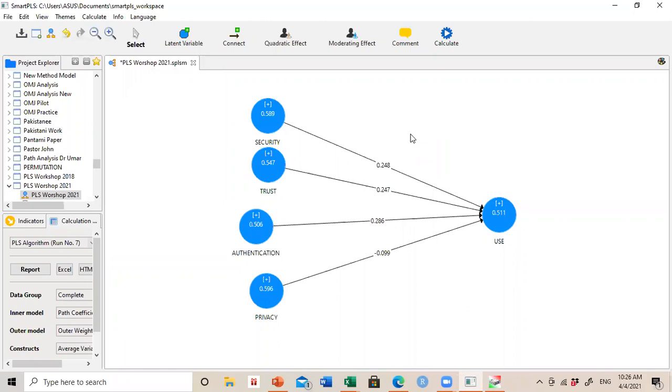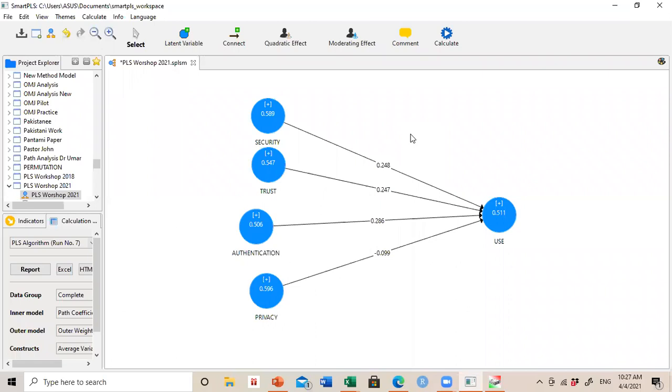All right, so this is it. These are what we call path coefficients or beta values. These beta values tell us whether the relationship is negative or positive, and we expect them to be substantial for the hypothesis to be significant.